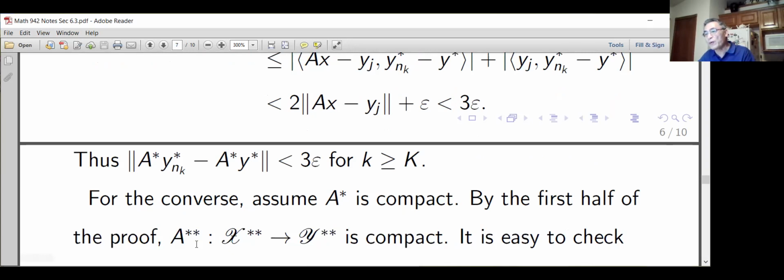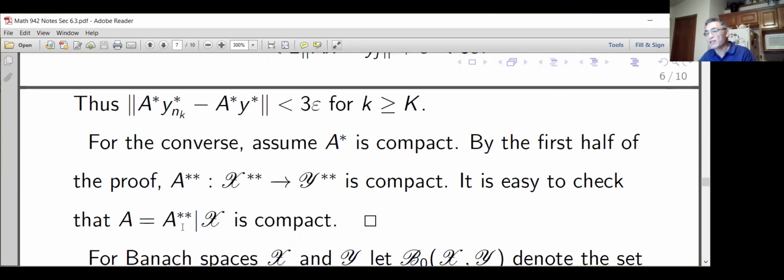So when this operator restricts to X, we get A. Since this is compact, we can check its restriction is also compact, because A of this ball in X is a subset of A double star of the ball.